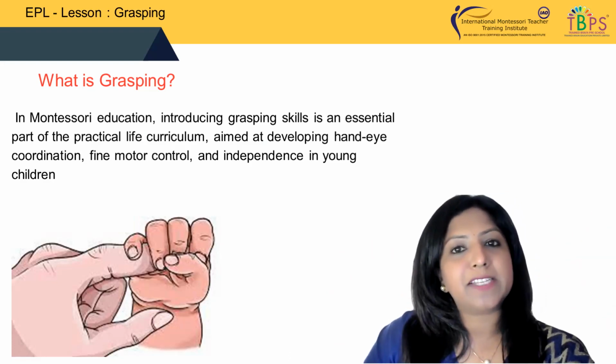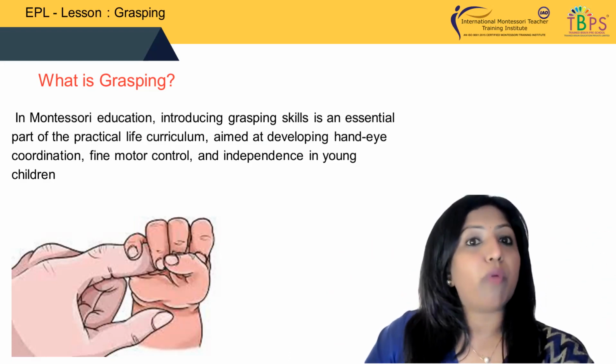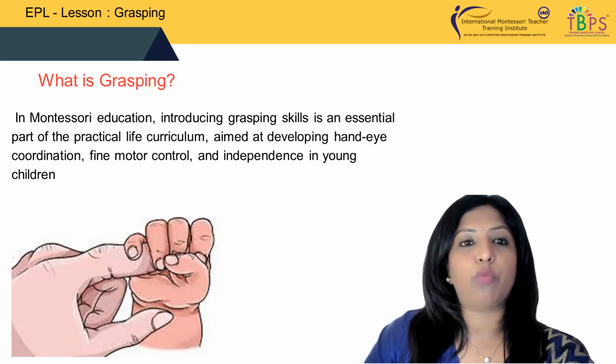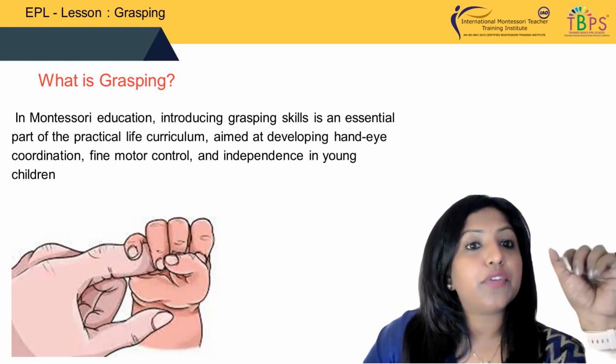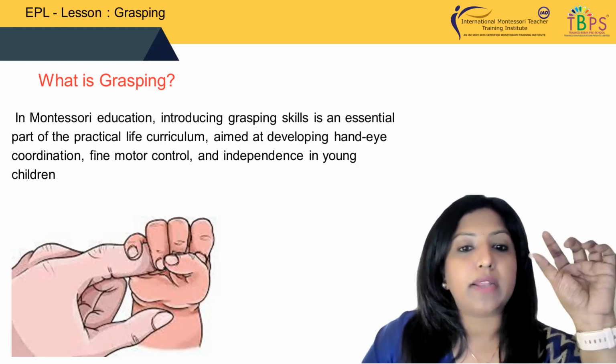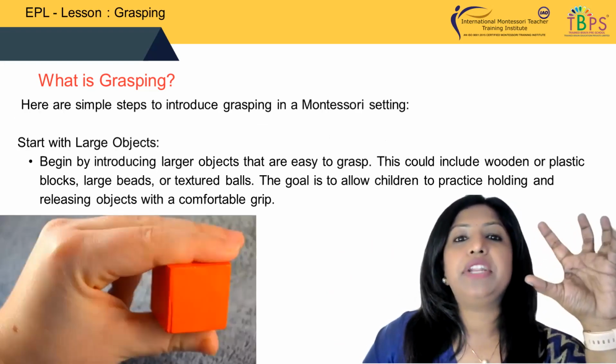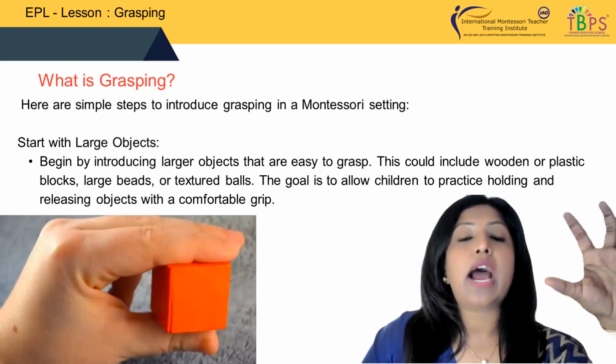If you ask me what age, ma'am, maybe 1.5 years or even 1 year, when the child is about to walk and crawl, they can hold and grasp things, toys and other things. You can also give the smaller ones. Now, what are the different steps, or how do I start?